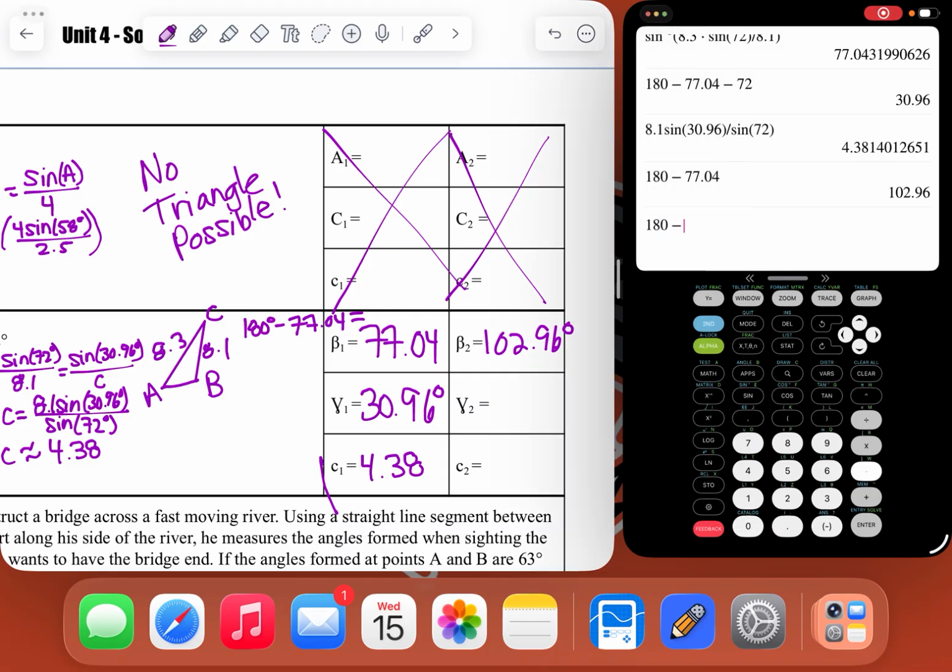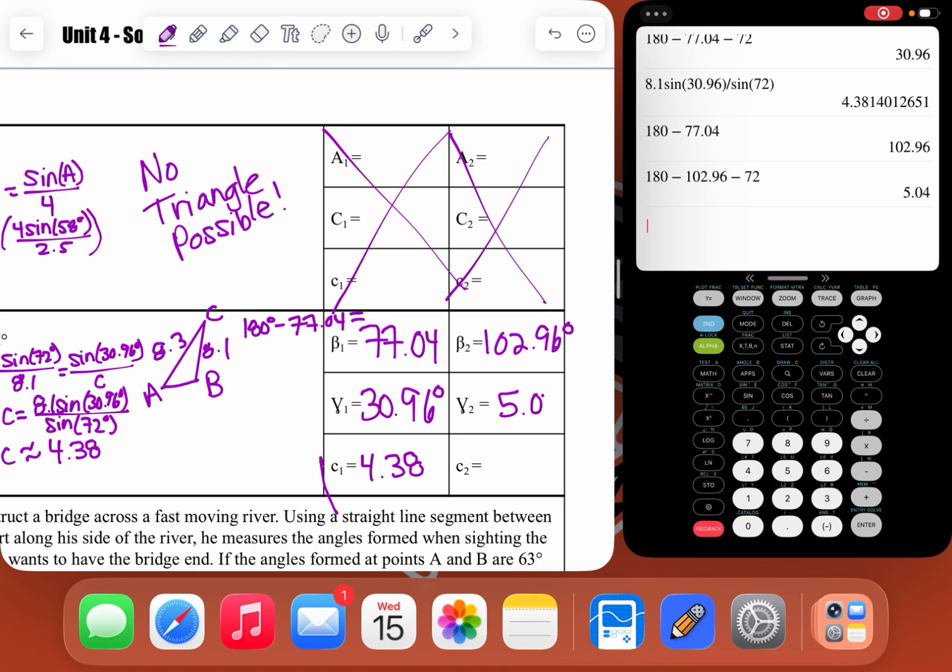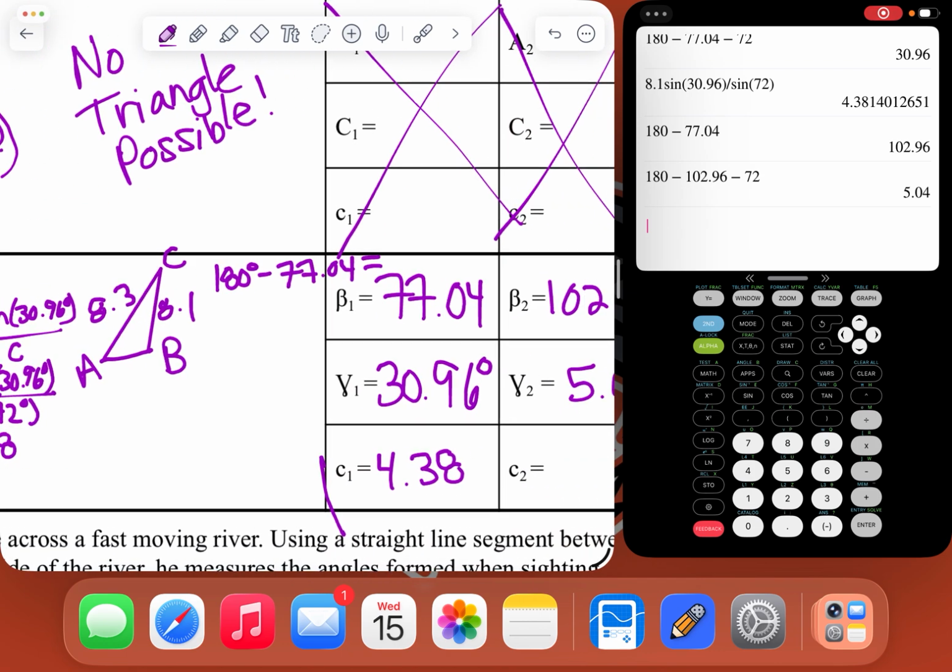So then 180 minus that minus the 72 degrees, that is angle A that they gave us in the problem, gives us only 5.04 degrees for gamma.